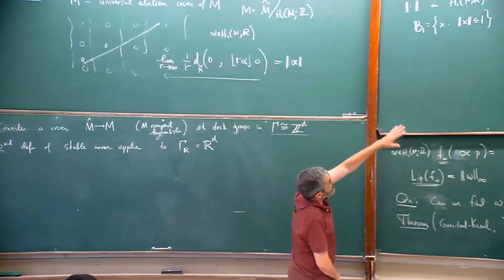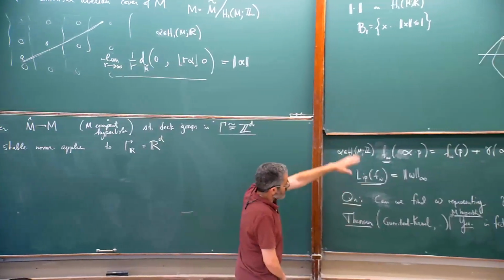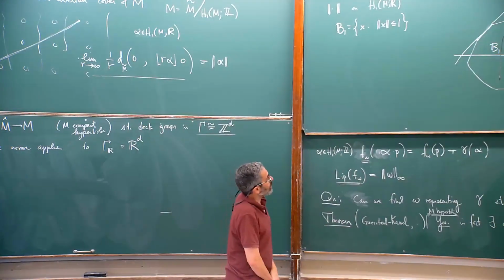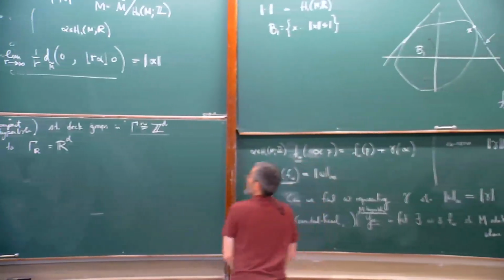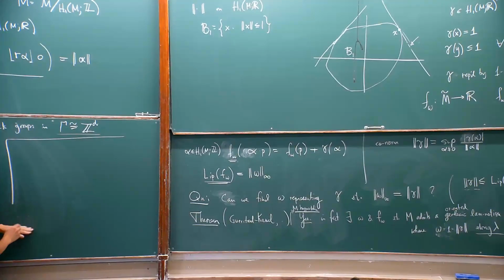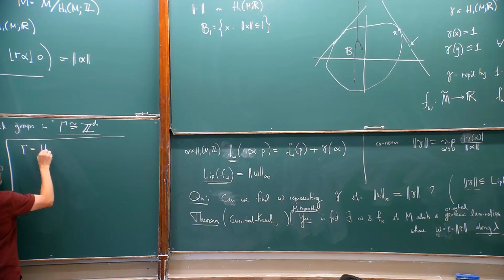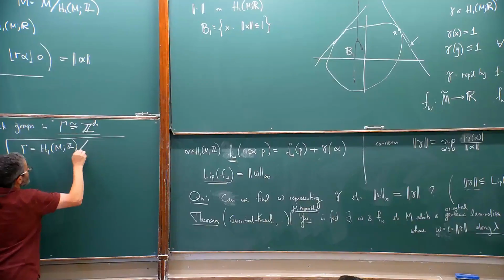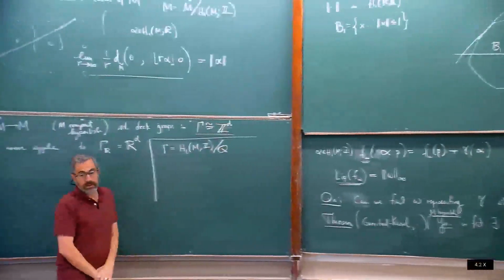Well, what about all this? So this seems to lean a little bit hard on there being homology classes involved. So let me just point out, as a kind of side point, that when this happens, gamma is in fact always equal to some homology quotient, so some subspace Q in H_1.